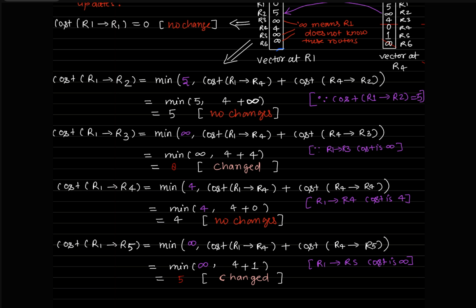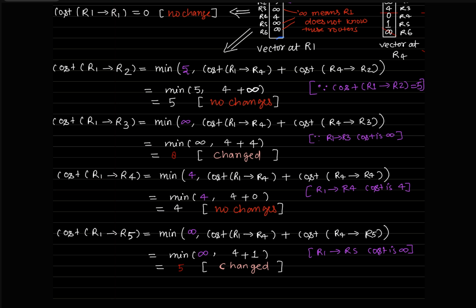Similarly, we compute the cost from R1 to R4. The cost is given, which is 4. Can you minimize it by going from R1 via R4? Actually you can't, because the cost from R4 to R4 is 0, and R1 to R4 is given, so you will always get the same 4.